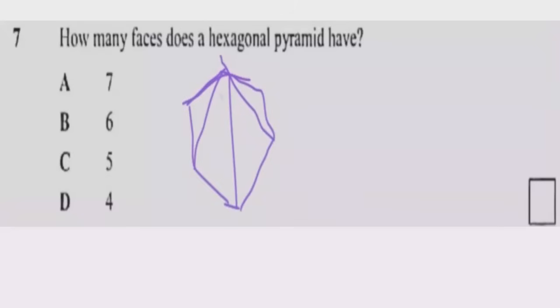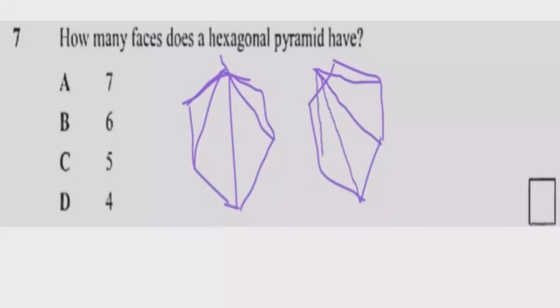So what happens is, first it has the 6-sided shape down like this. Then from here we have triangles like this, and another triangle like this, and another triangle there and another triangle there.